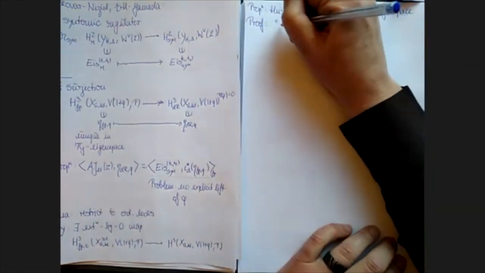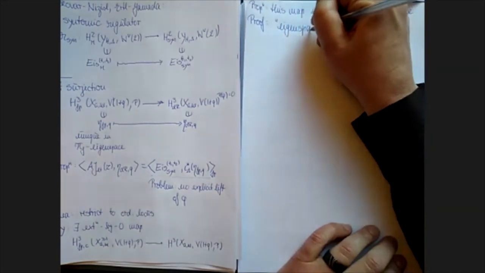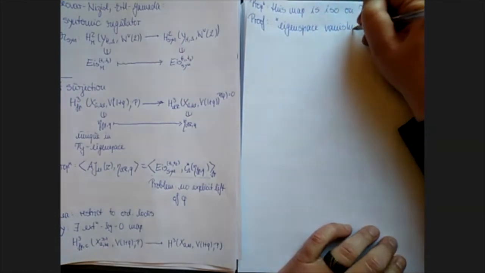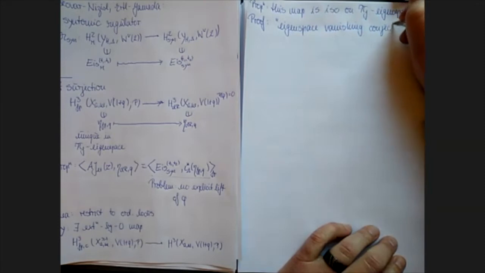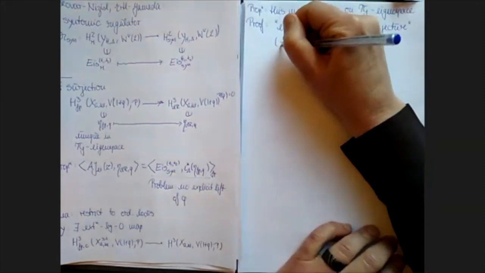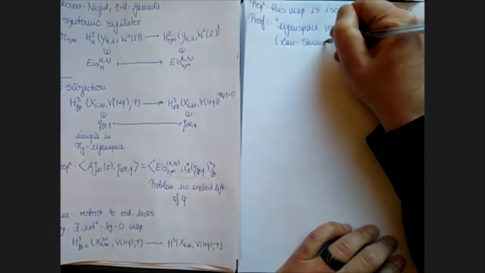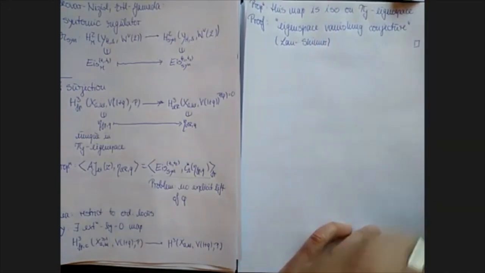So this is the Eigenspace Vanishing conjecture, which will be proved by Lan and Skinner. Right. Well, okay.